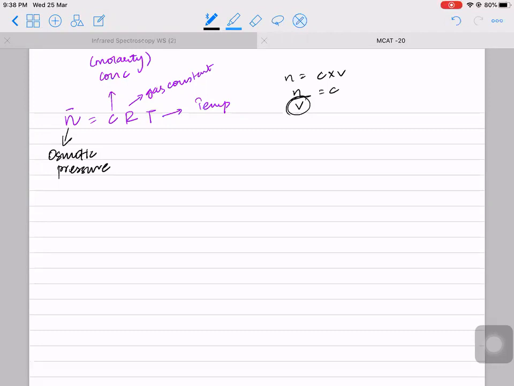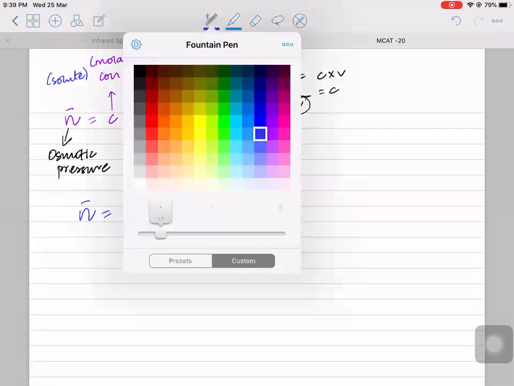Now you know that C is equal to n upon V, where n is basically the moles of the solute. So can I say osmotic pressure is equal to n2 upon V times RT, where n2 is the moles of the solute? You know moles is what?